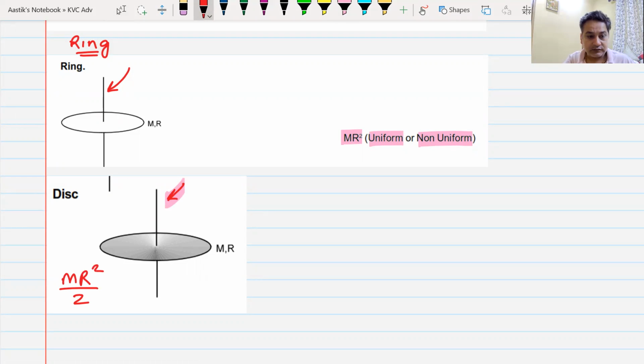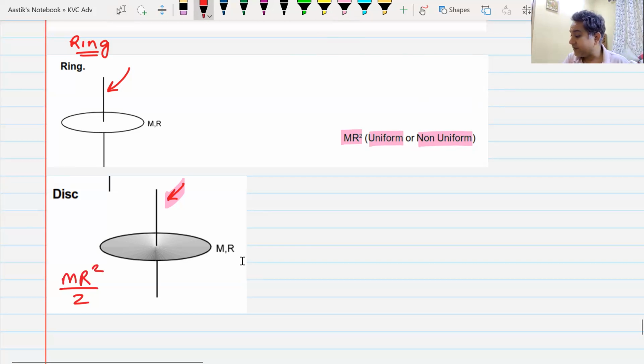Now, we have seen that the moment of inertia of a ring about its axis is mr square.